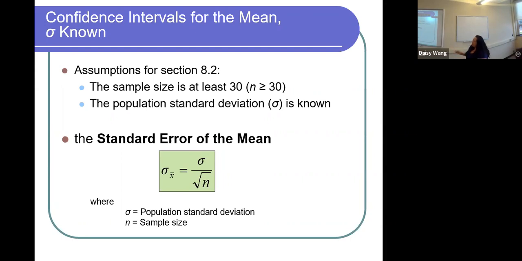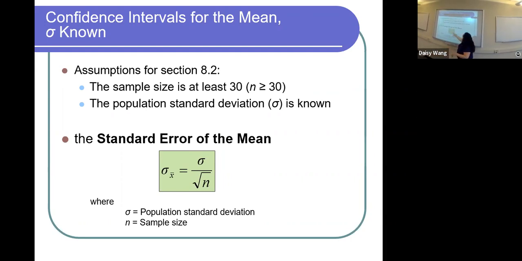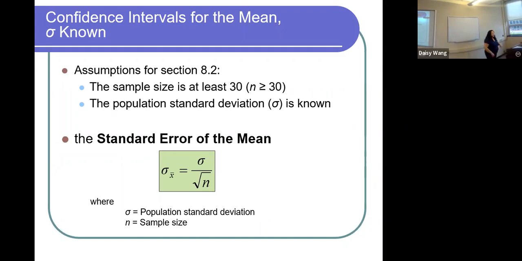But because we have a smaller sample, we have to adjust the sigma to the sample mean. So you see here, this is sigma of the sample mean. The sigma of the sample mean is the population standard deviation divided by the square root of the sample size. So we have to adjust that.